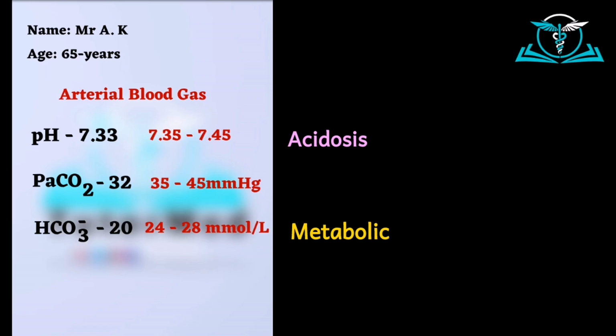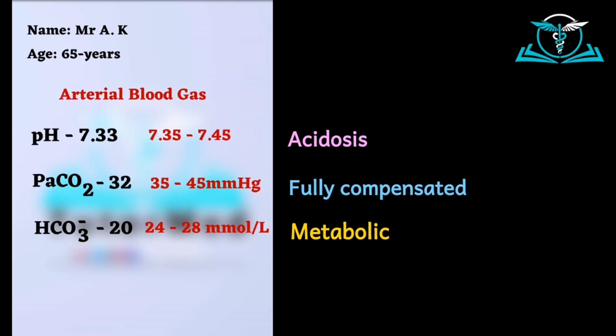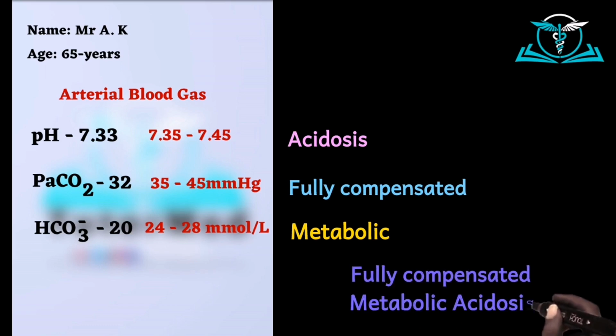Now, is this fully compensated or partially compensated? We will say it is fully compensated because what this means is that the respiratory system has compensated so much that the pH is now nearing normal. And so this is a fully compensated metabolic acidosis.